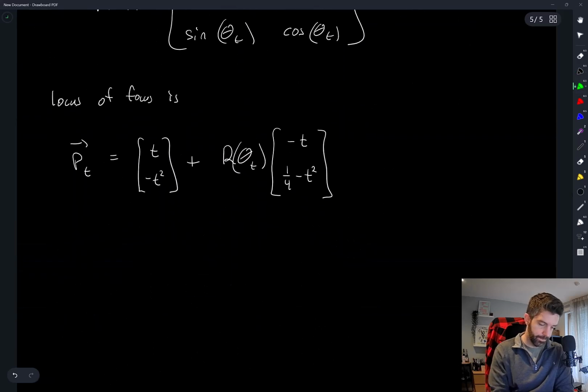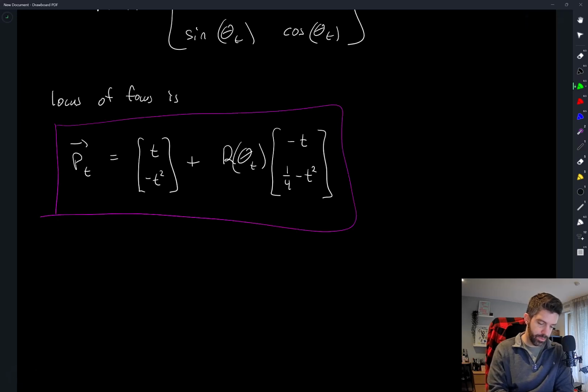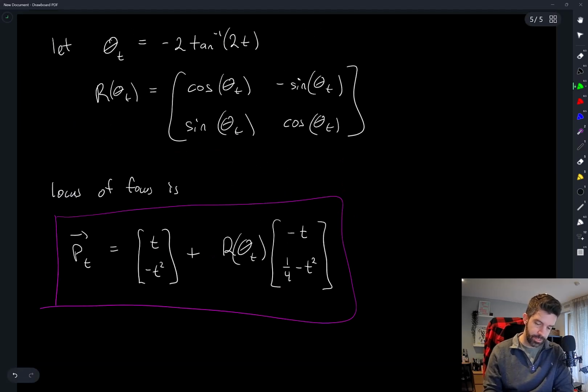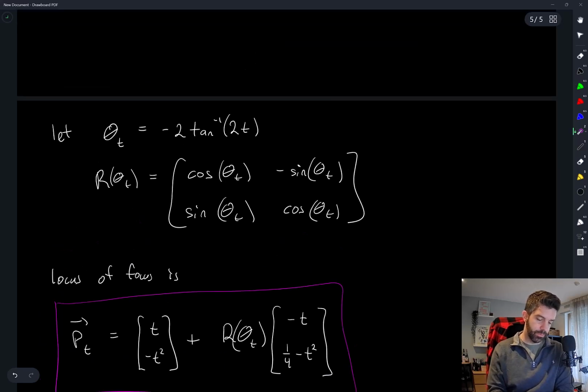Yeah. So again, maybe there is some simplification you can do of this rotation matrix. With some trig identities, double angle formulas, you can probably write these as rational functions of t.